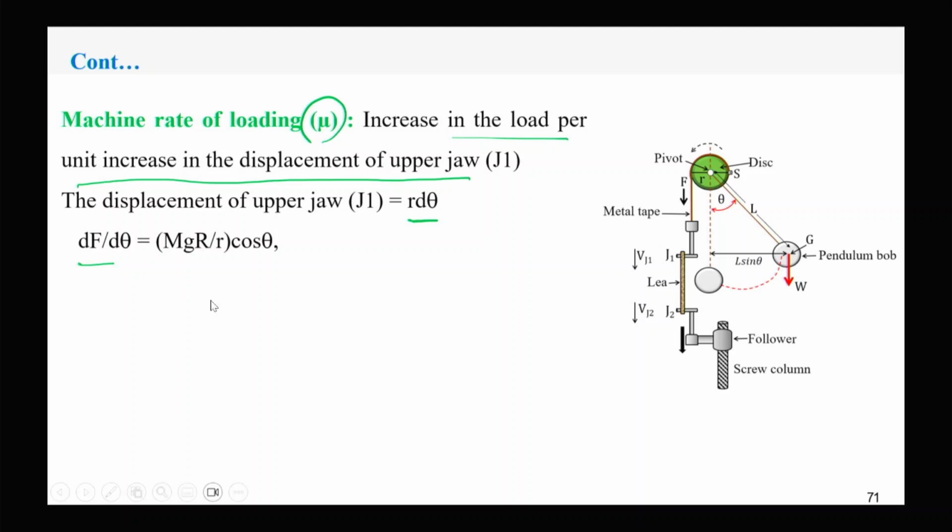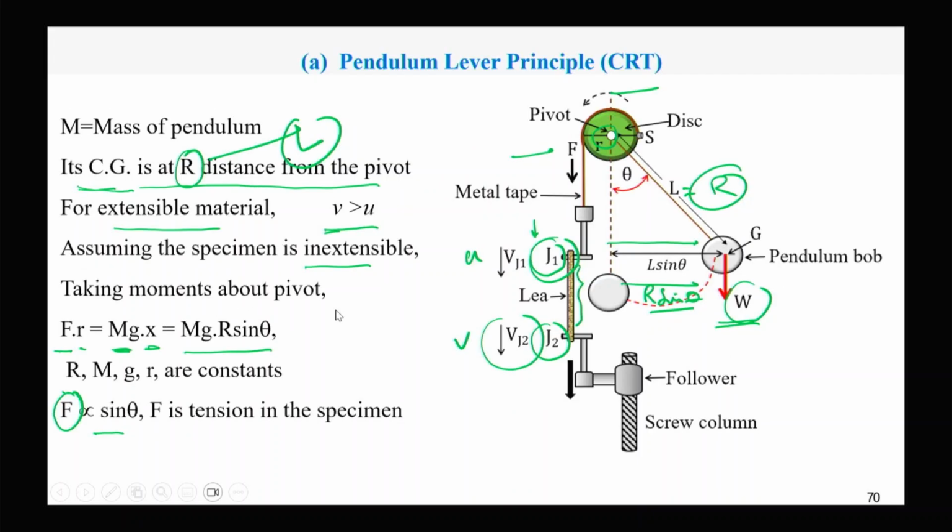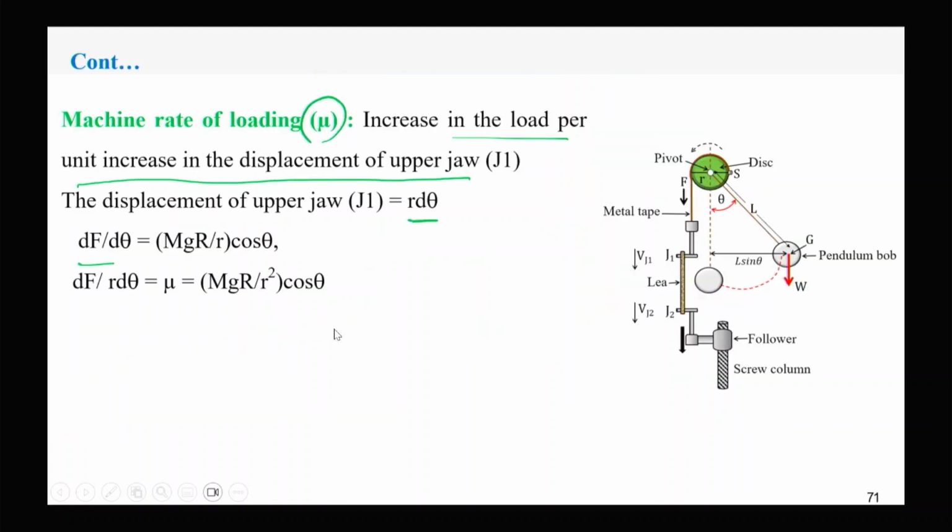By differentiating this relationship we get dF by d theta, and as per the definition of machine rate of loading, it will be dF by r d theta, that means the increase in load, dF, per increase in displacement of the upper jaw, r d theta, which is mu. We get the machine rate of loading as mgR by r square cos theta.